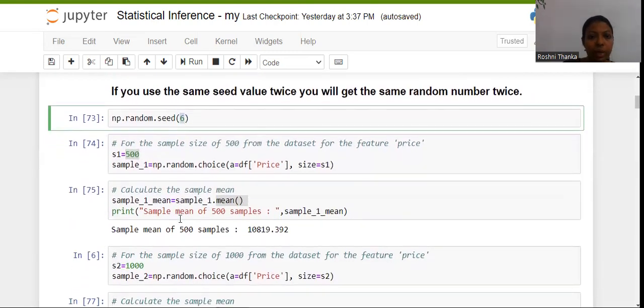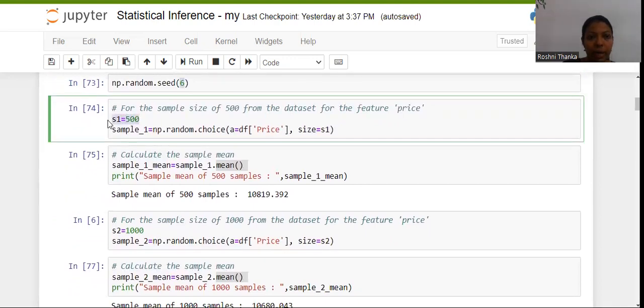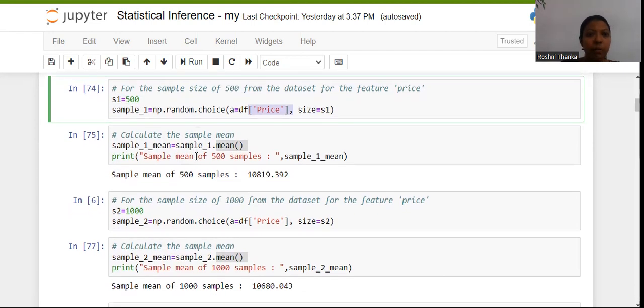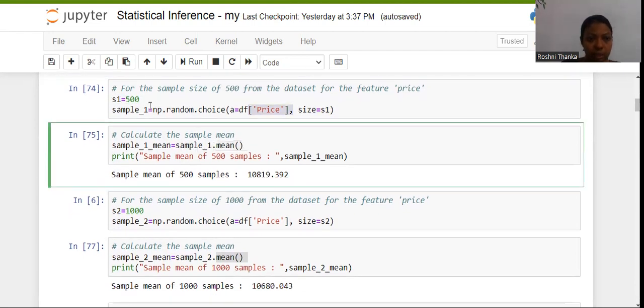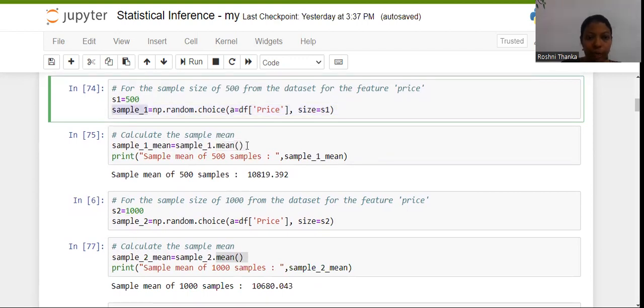First, I'm going to take 500 samples out of the 1436 population, and for those 500 samples I'm going to randomly choose some values. From the data frame, I'm going to take only the price column, and in the price column I'm not going to take everything, only 500 values. For those 500 values, which are in sample_1, I'm going to find the mean.